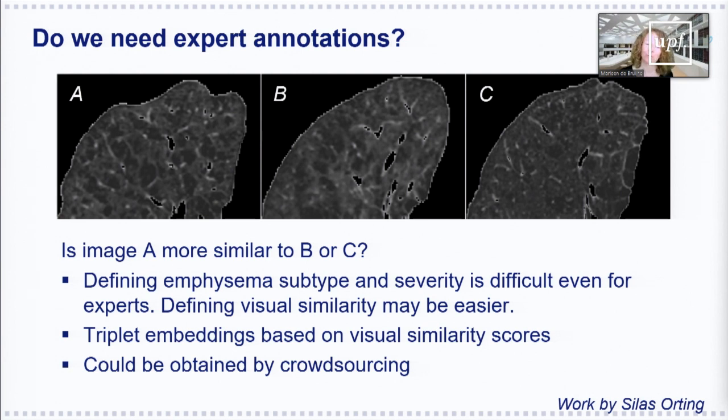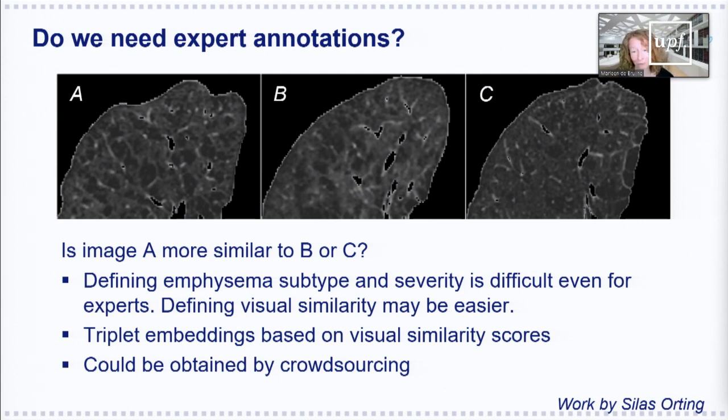Can we do without expert annotations? Emphysema scoring is notoriously difficult, also between trained radiologists. There is a huge disagreement, as we saw, especially in the visual scoring, in the higher degree scores. But what might be easier for humans to do is to assess which two images are more similar from a set of three.